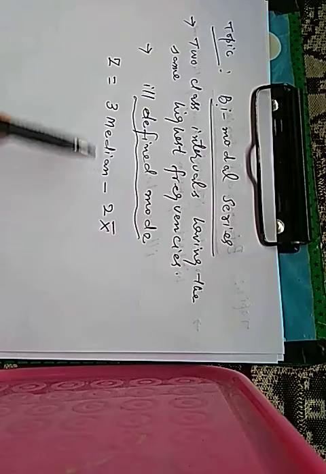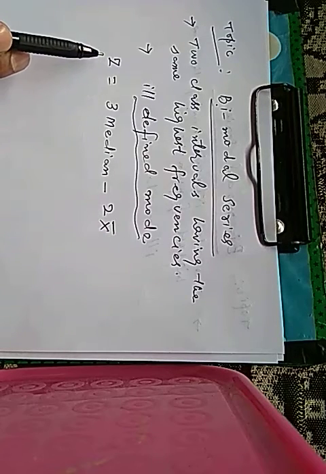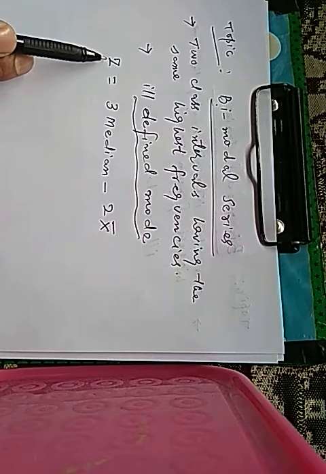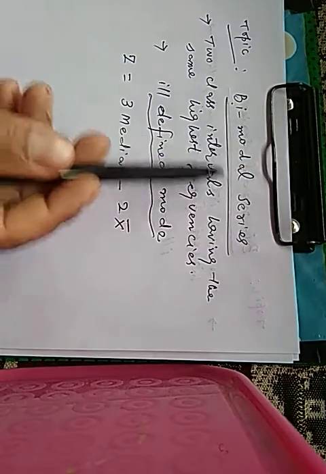We can also remember the relationship between mean, median and mode, where Z is mode and X bar is arithmetic mean. The relationship is Z equals 3 median minus 2 mean. And this formula is applied in case of ill-defined mode, in case of bimodal series.